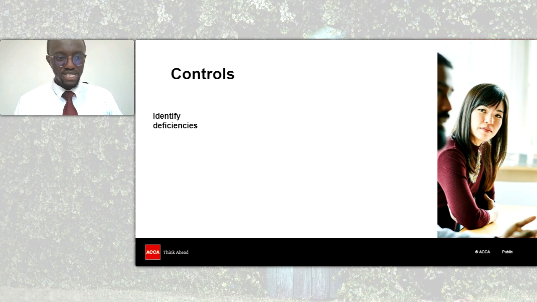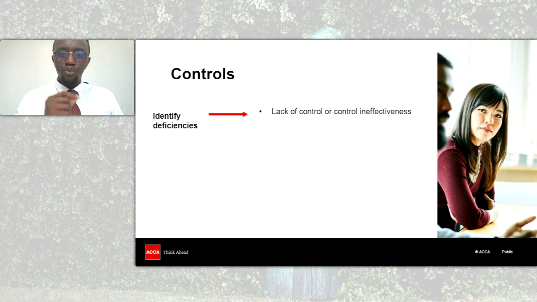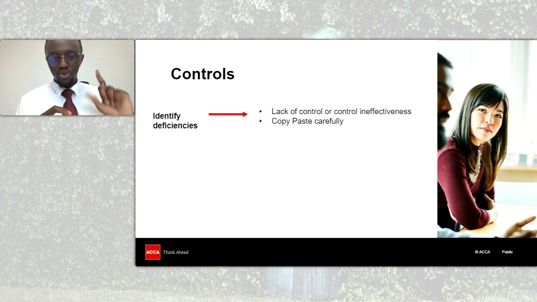Now, let's look at deficiencies. You appreciate the fact that a lack of control or control effectiveness is what a deficiency is. Some students ask me, how do I identify the problem? Well, I look at it in this way. When we're talking about deficiencies, my focus is primarily on ensuring that, one, I've identified a control, but the control is not working effectively.